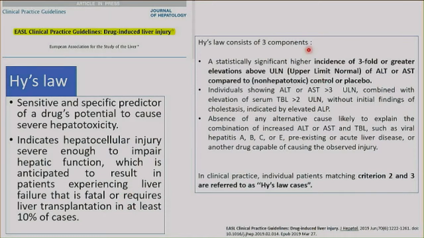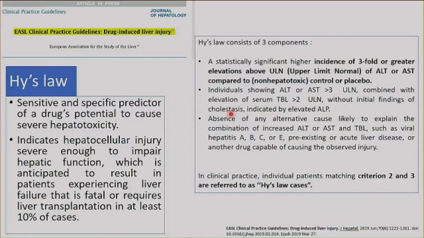cases. And the points of Hy's Law are, the first is the incidence of increase of the ALT is 3-fold or greater of ALT or AST, or an individual showing ALT more than 3 combined with total bilirubin 2, even though there is no initial finding of cholestasis, but there's the elevated ALP.